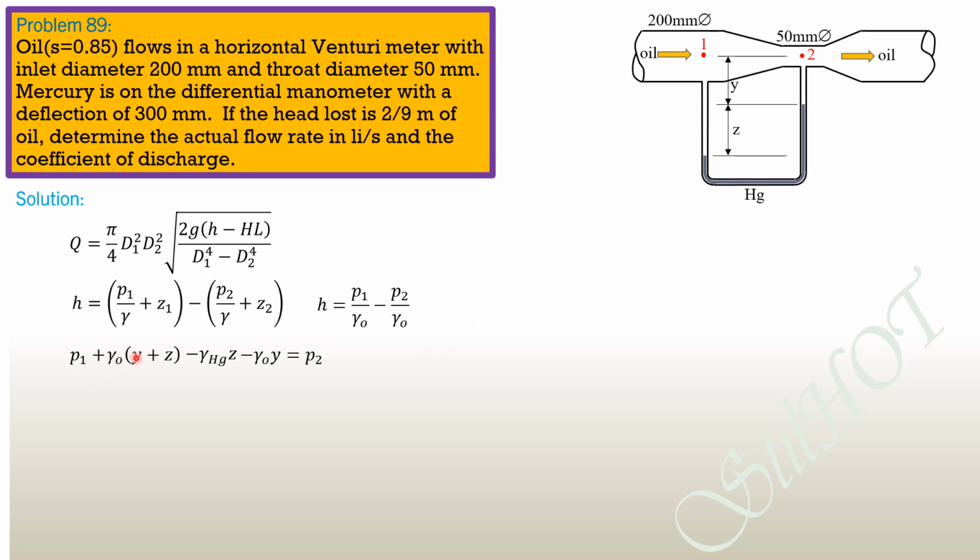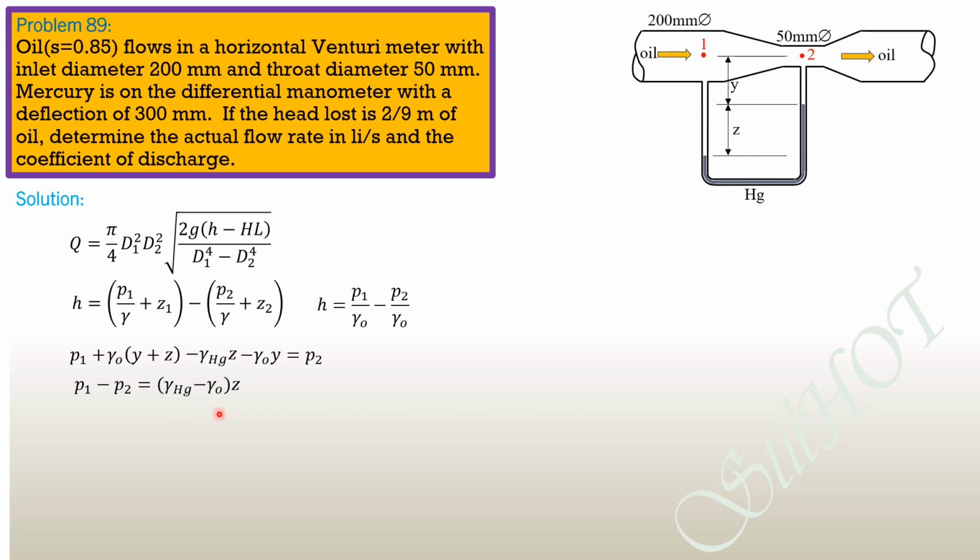Take note that we have gamma oil y here, then minus gamma oil y, so it will cancel. If we transpose to the right, the terms here except P1 and P2 should also be transposed to the left. Then we'll have gamma of mercury z minus gamma of oil z. If you factor out z, the right side would be gamma of mercury minus gamma of oil times the quantity z. So P1 minus P2 equals gamma of mercury minus gamma of oil times z.